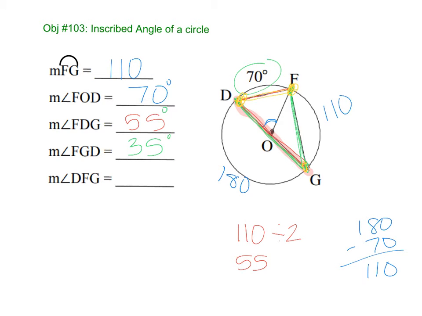So that is made through, this is the arc, and it's a semicircle. Half of 180 is 90. Love this problem. Look for this on the quiz next week, something just like this.